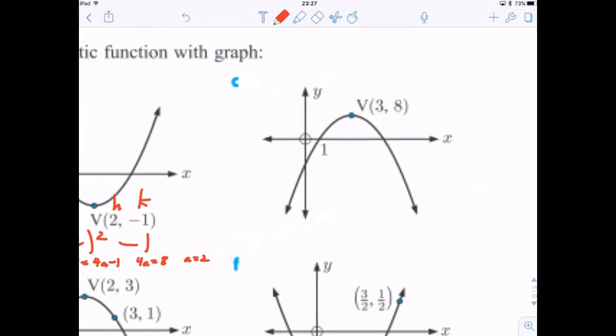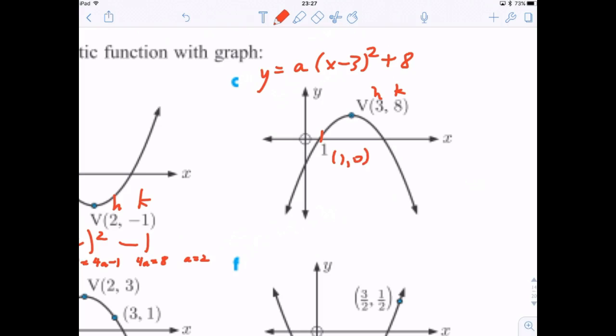Okay, so for this one here, again, the h and the k values are given in the vertex, so that means the equation is going to be a times x minus 3 quantity squared plus 8. So we need to figure out what the a value is. We can do that by looking at the intercept. So the intercept here is going to be 1, 0.